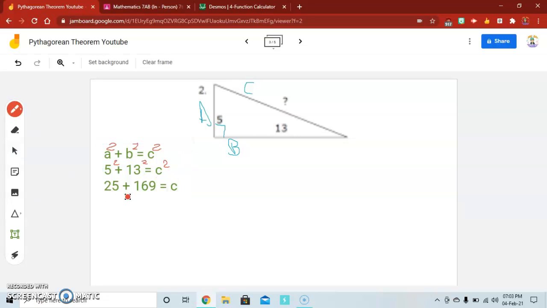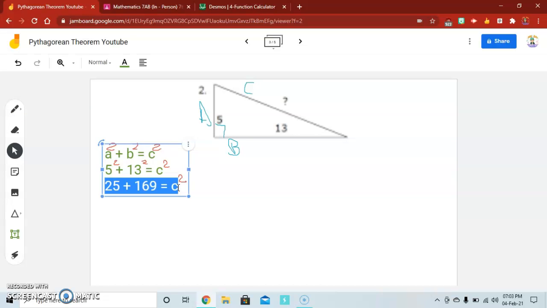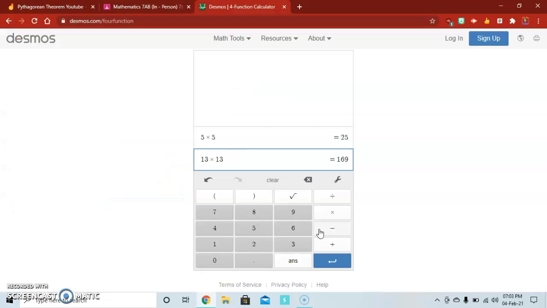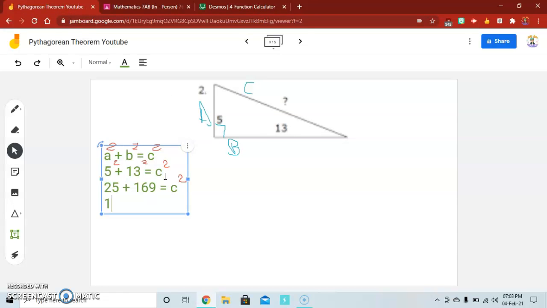Remember, these numbers don't have squared because they've already been calculated. So we're going to add these. 169 plus 25 is equal to 194. So 194 equals C squared.